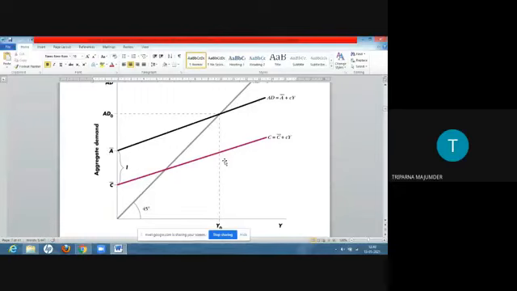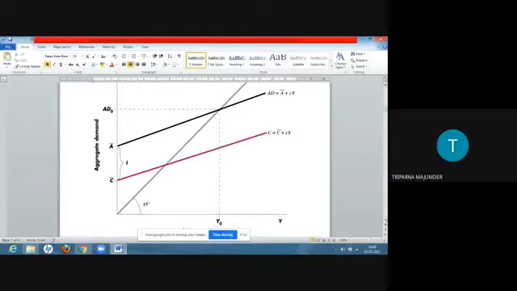That with an increase in income, the consumption is going to increase. But C is less than 1. So what does that imply? When income increases by 1 unit, consumption increases by less than 1 unit. So the slope of this consumption function is less than 1.